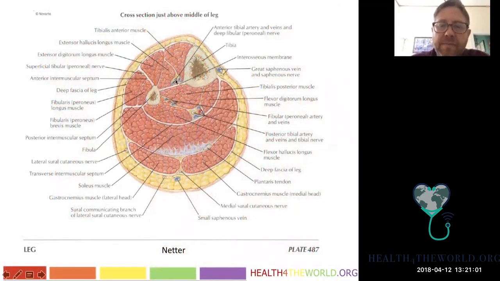Here it is, the anterior tibial artery. It's gone through the interosseous membrane. This is a cross-section, mid-calf, interosseous membrane here. So it's gone anterior. It's gotten in this anterior compartment. And the posterior tibial artery is here, and the peroneal artery or fibular artery is here.